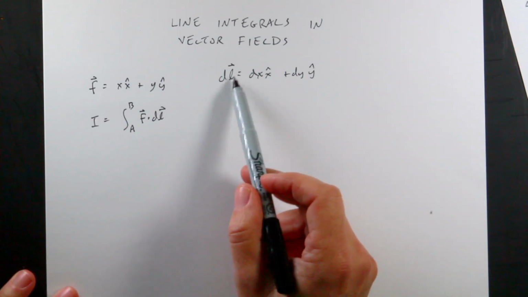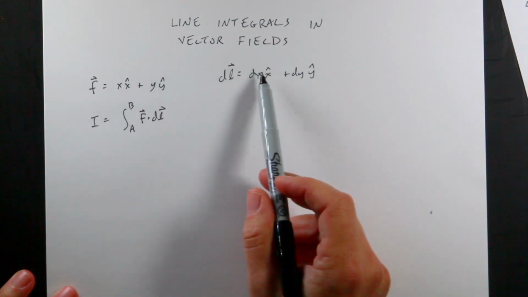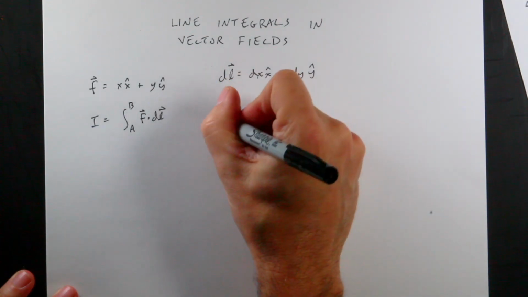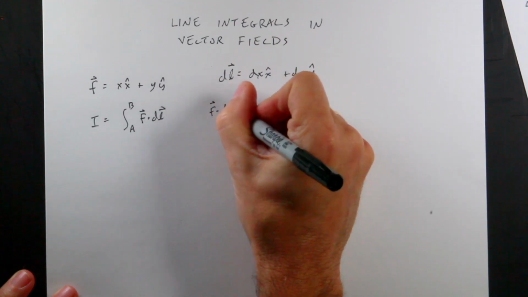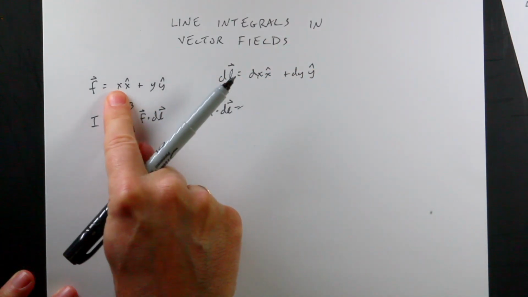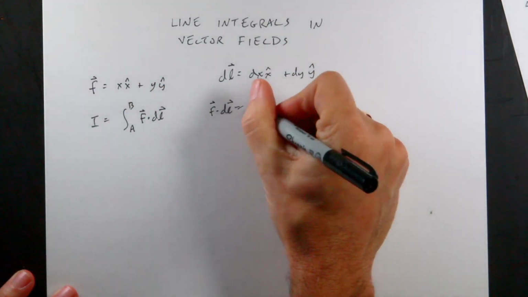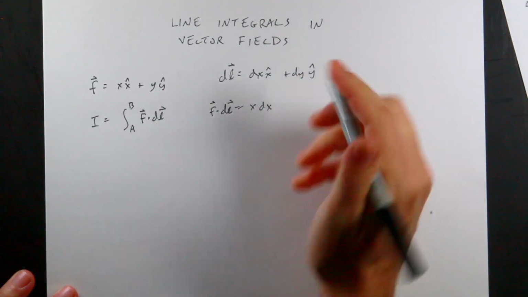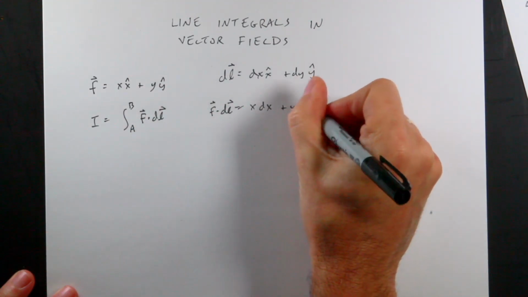So now all I have to do is take this force and dot it with this thing right here. This is literally the dot product. So I can say F dot dl. To do the dot product, I take the x component of this times the x component of that. So it's going to be x dx plus the y component of this times the y component of that, plus y dy.